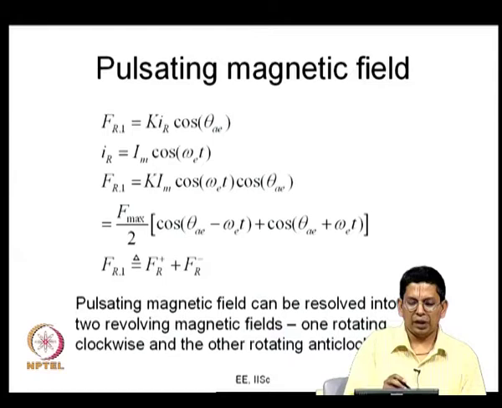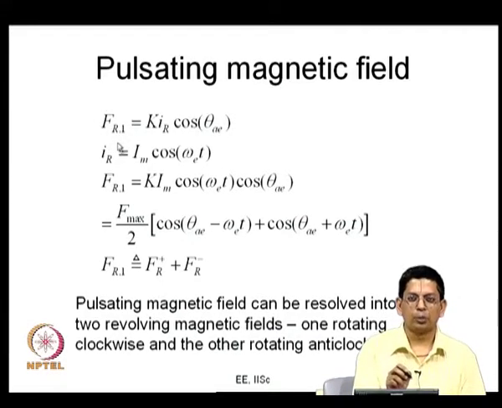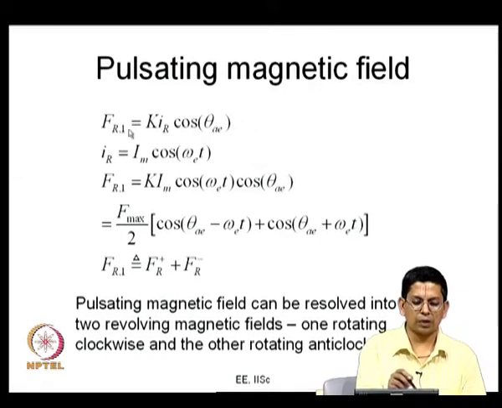So, when I say this 1, the subscript 1 refers to the fundamental part of the MMF. The spatial harmonics of this MMF are ignored, and what you have is FR1: the current passing through this R phase winding produces some MMF, and the fundamental part of that MMF is what is taken as FR1.